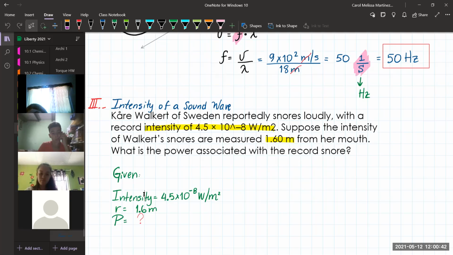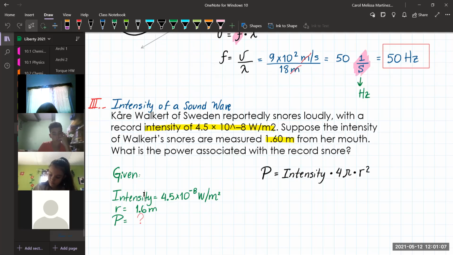Okay, so I gave you an equation to get a power for the intensity topic, and the power is calculated as intensity times 4 pi times the distance from the source raised to the second power.